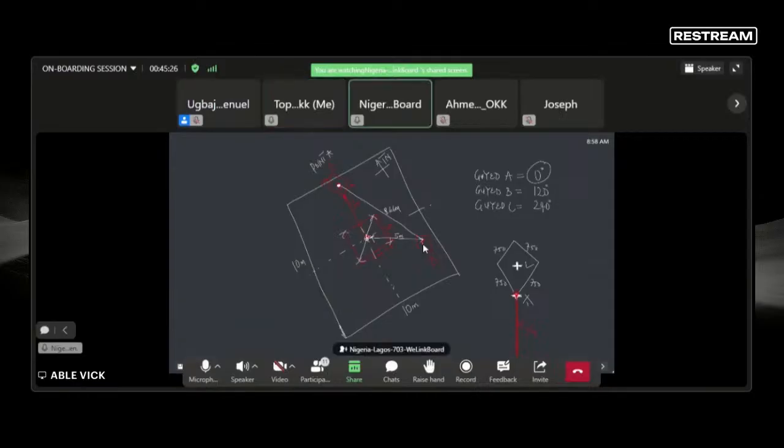Yes, apart from being at the middle, I also mentioned one other point. It will always be 5 meters, and up will be 8.6 meters because we already measured with the tape.